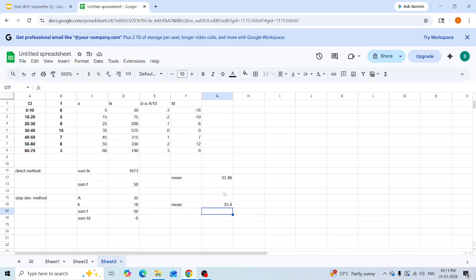So different methods, but we get the same answer. This is how we solve. I hope you understood how we solve using the direct method and step deviation method. If not, please go back and watch once again.